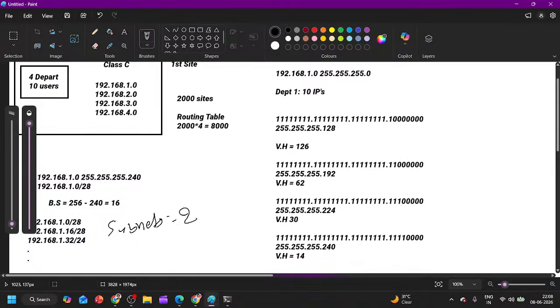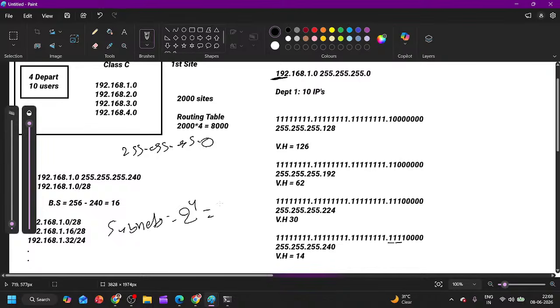Like I can see this IP address belongs to class C. For class C default subnet mask is 255.255.255.0. This is the default subnet mask, but I am using what? This subnet mask. It means I have borrowed 1, 2, 3, 4 bits. So 2 power 4.